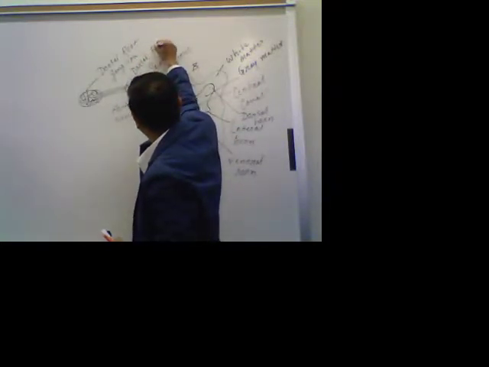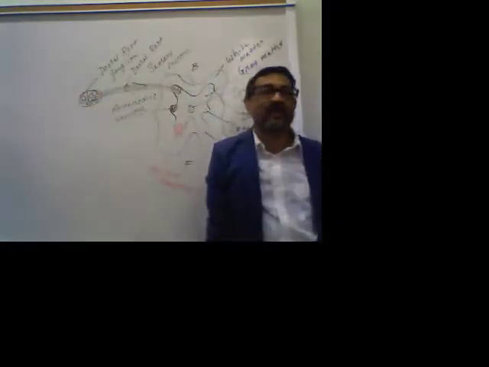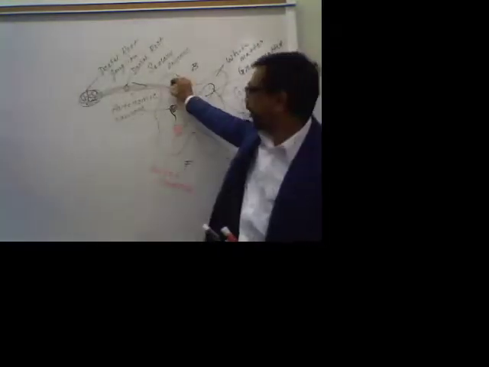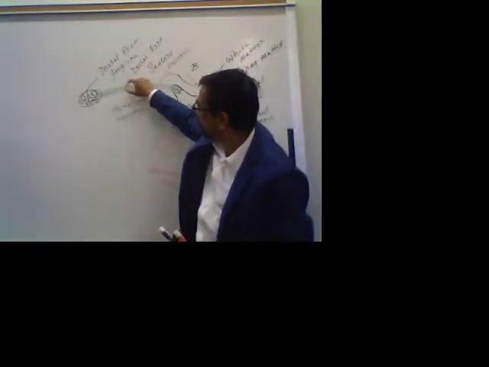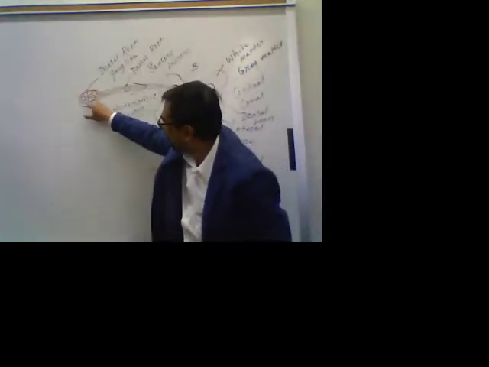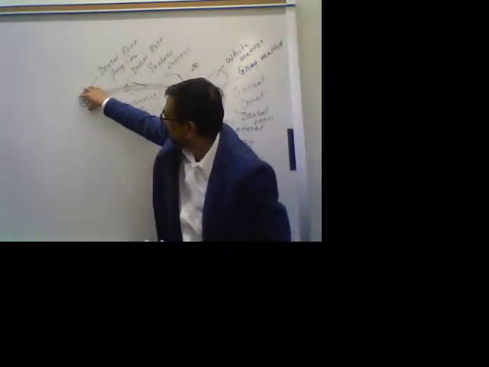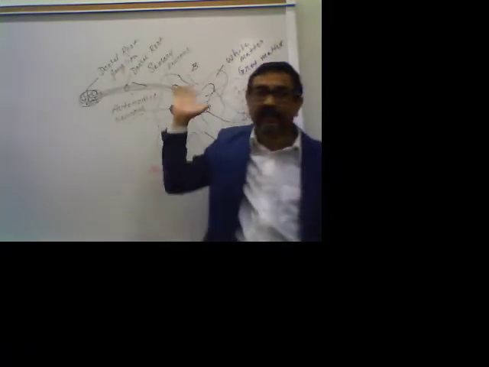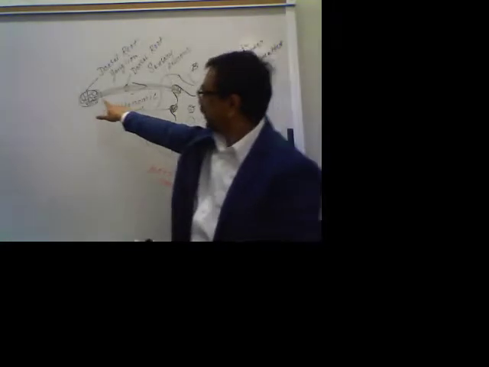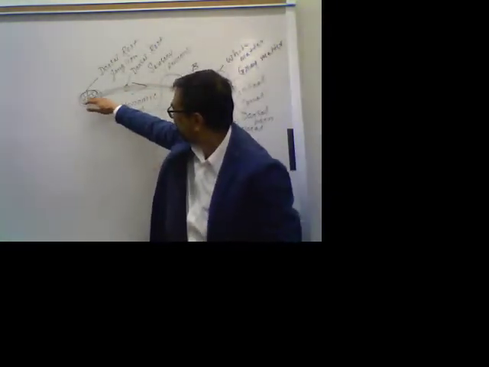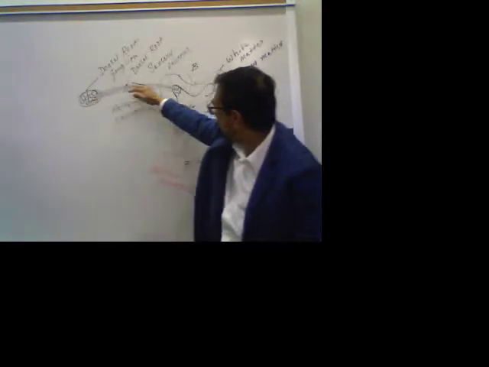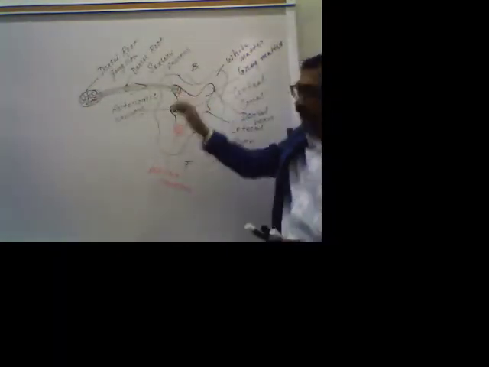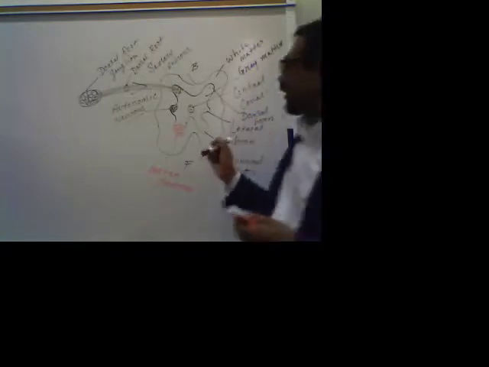That's why this ganglion is called dorsal root ganglion, because it is in the dorsal root. It contains the sensory neurons, cell bodies. So all these are sensory neurons, because this is the sensory pathway taking the signal to the spinal cord.